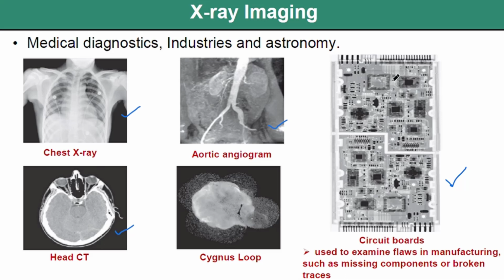So with this X-ray imaging of the circuit board, we get the location where there is a missing component or broken traces. And coming to astronomy, this is the Cygnus loop. The Cygnus loop is simply emission from the stars. From the Cygnus loop, scientists get information regarding the stars and their emissions.